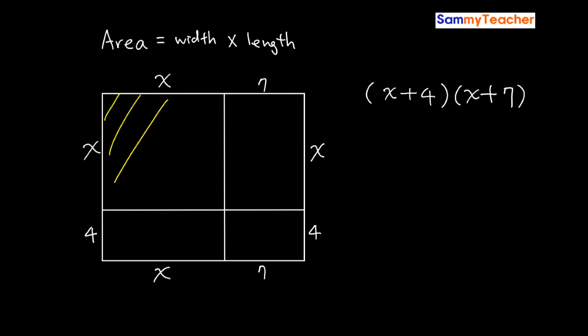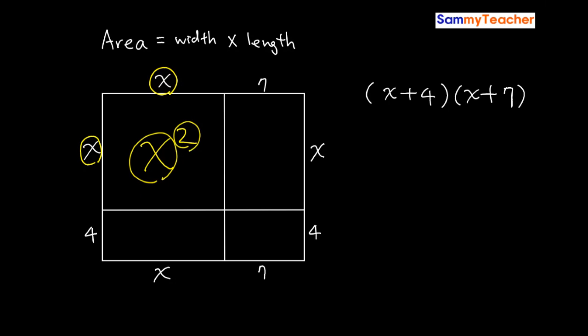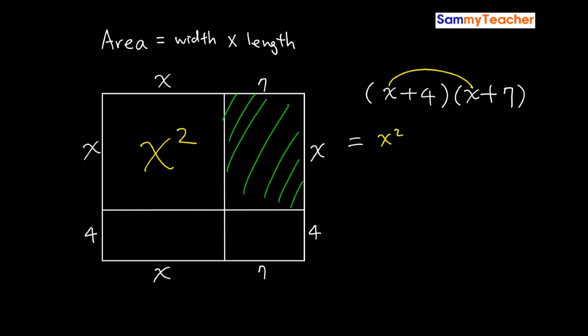Now this area can be found by multiplying x and x, which is simply x squared, because you multiply the same thing twice. So x times x equals x squared, and the area of this rectangle is 7 times x, so it can be expressed as 7x.